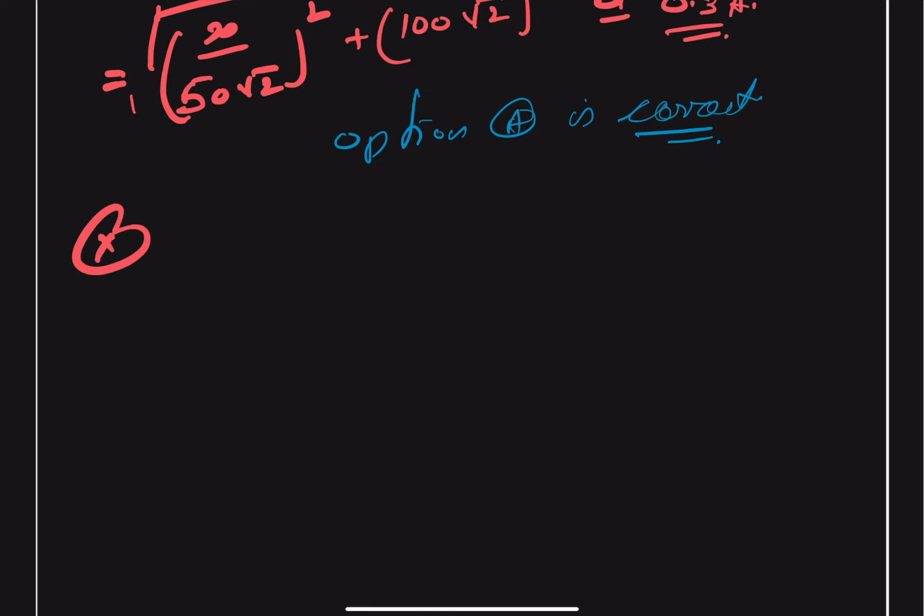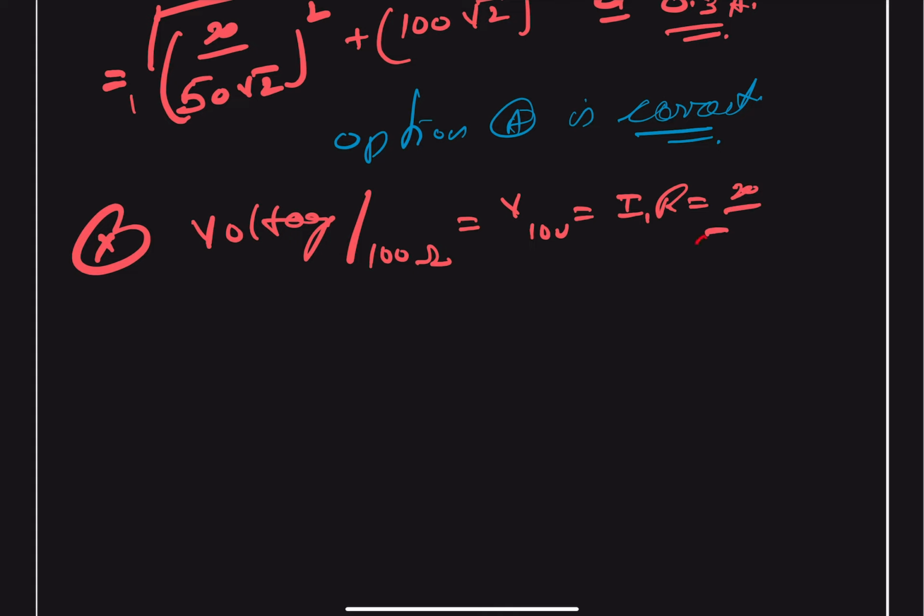So we can say voltage at 50 ohm, V50, will be equal to I1 times R1. I1 is 20 upon 50 square root of 2, and R1 was our 50.